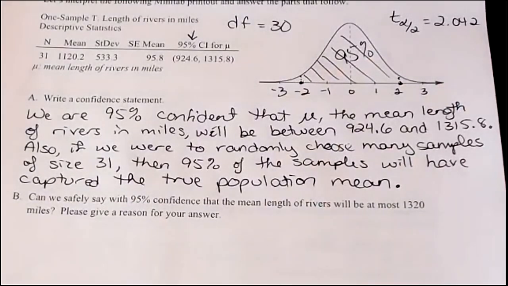Good. I definitely wanted to include this statement just for you to get a sense of what's happening here. If we collected many samples of size 31, we can say that 95% of those samples will have captured the true population mean. Those things go hand in hand. So I definitely want you to have that information.